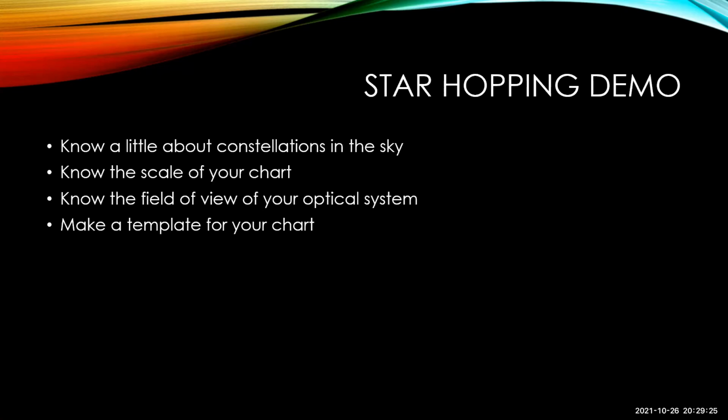For example, you might use a little hole punch, or there are clear plastic overlays that come with some star charts that will show you the field of view. That's a do-it-yourself thing you can do if you need it. I won't be using that in my star hopping demo. I'll be using a pencil.